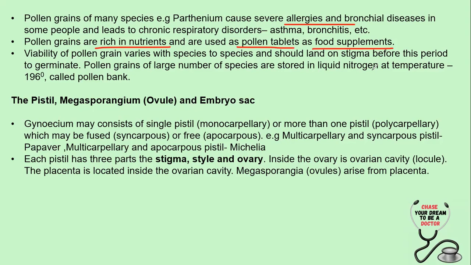As for viability, there are pollen grains that are viable for months, some viable for only 2-3 days, and some viable for more than a year as well. What is the speciality of the pollen grain that makes it viable for so long? It is the sporopollenin, because nothing can degrade this particular material, right?